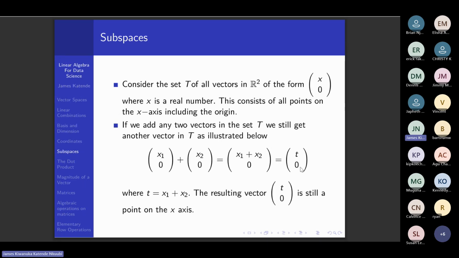So we'll start with an example. Here we pick a subset of R2 consisting of vectors whose first entry can be any real number and the second slot must be 0. So this is a subset of R2. If you want to think of this graphically, this would be all the points that are on the x-axis, including the origin.